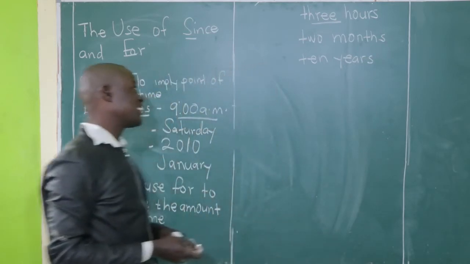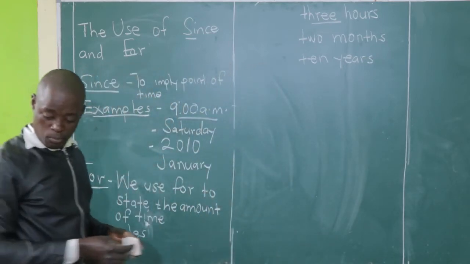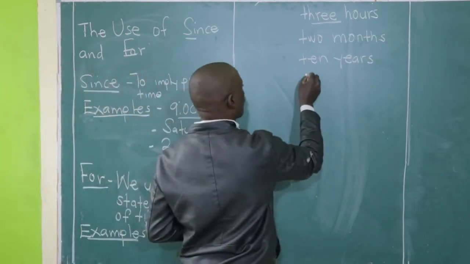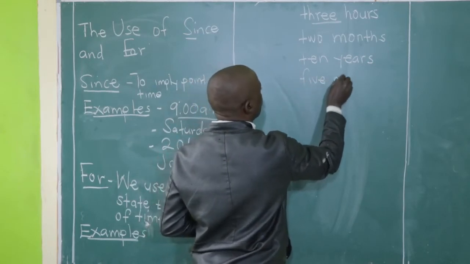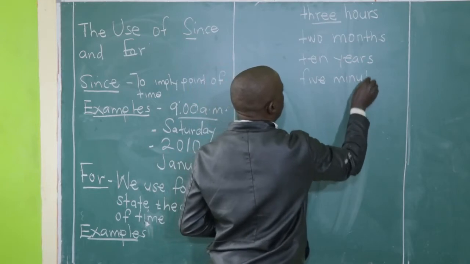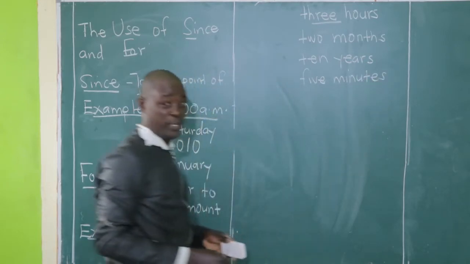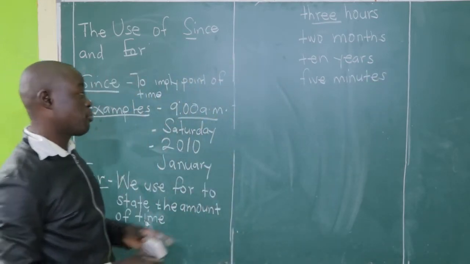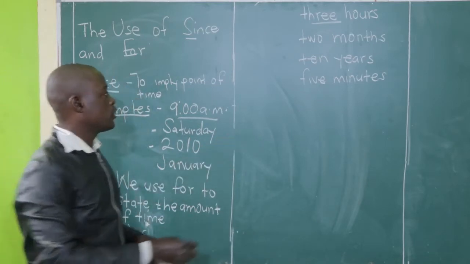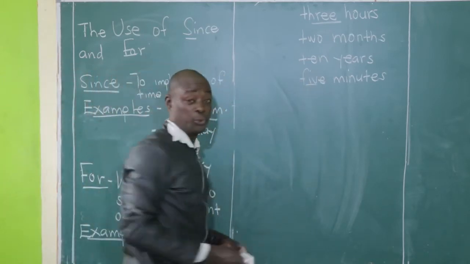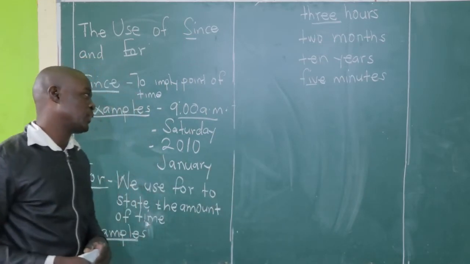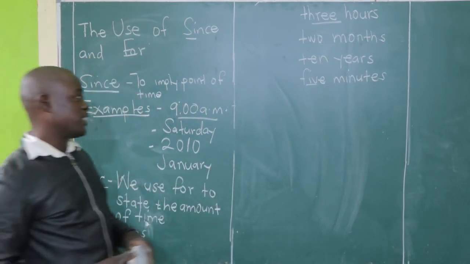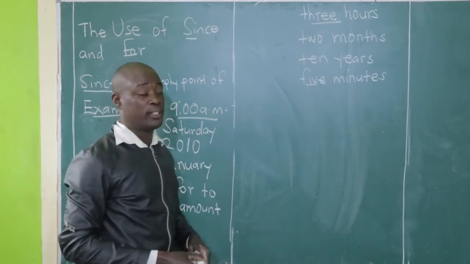For 10 years. We say for 5 minutes. 5 minutes is also duration. That's why we use for when talking about an action whose time has been spent in 5 minutes.